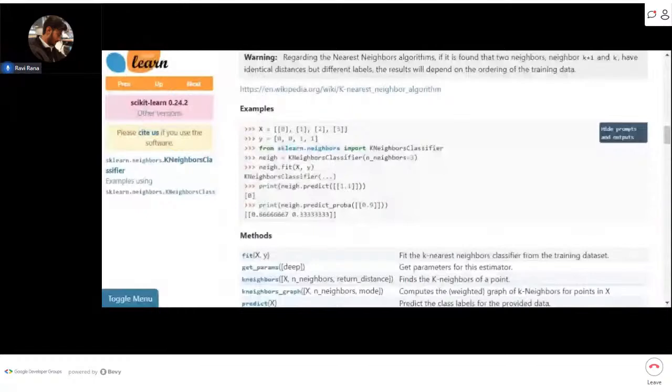It has been trained so that for 0 it gives answer 0, for 1 it gives answer 0, for 2 it gives answer 1, and for 3 it gives answer 1. So we will see what answer it gives for 1.1. What will the answer be? The answer would be 0. The predicted value is 0.